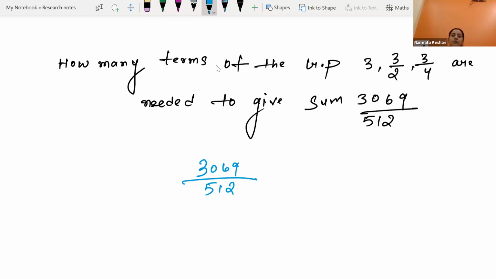This is equal to the formula a into 1 minus r to the power n by 1 minus r. A we will be substituting from here, r we will be substituting from here. First, you tell me what is r.